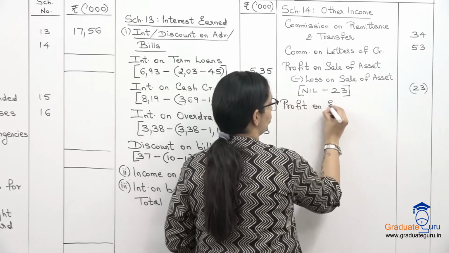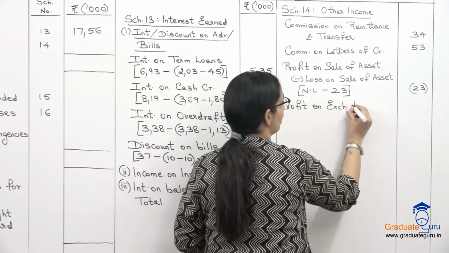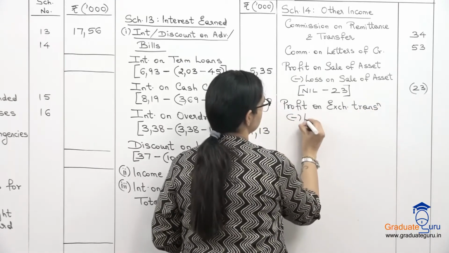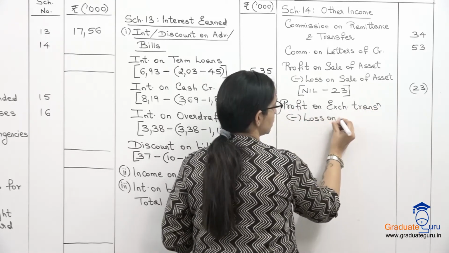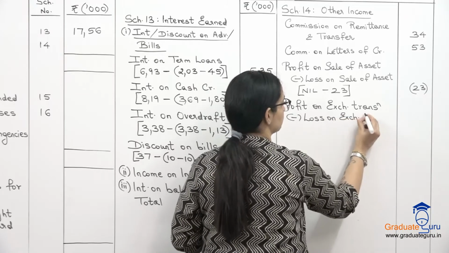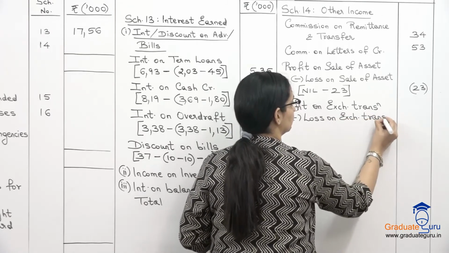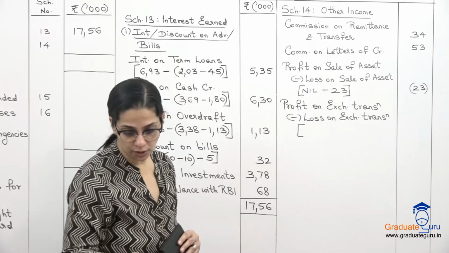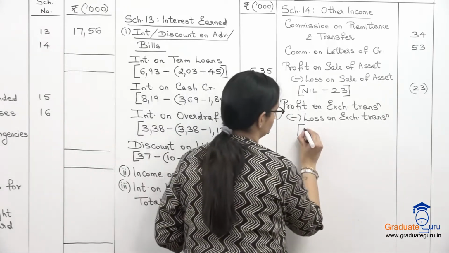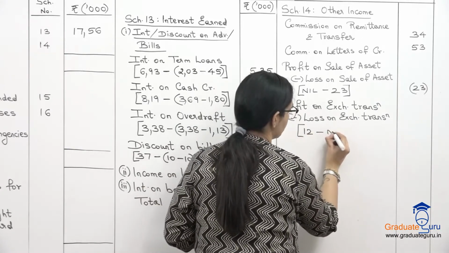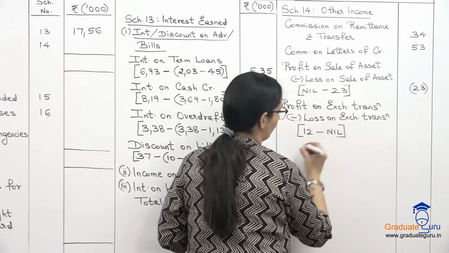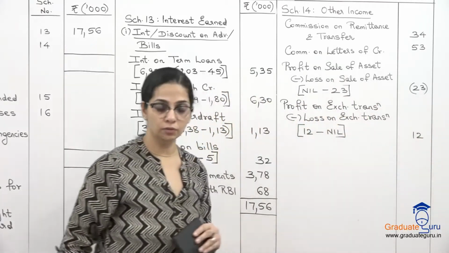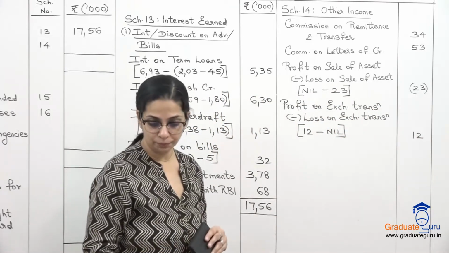Again, you show it as profit on exchange transaction minus loss on exchange transactions. So this time there is a profit. Profit is 12 and there is no loss given. So minus nil, and we have 12 as the net profit.